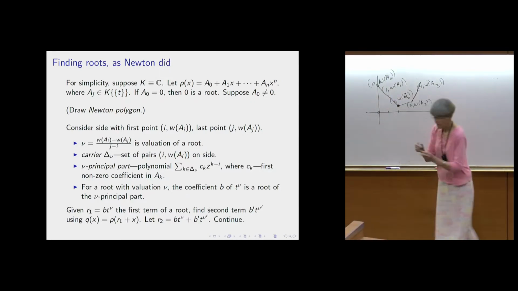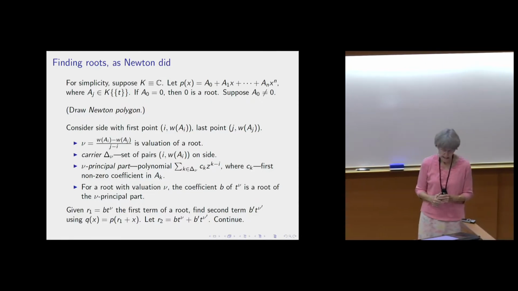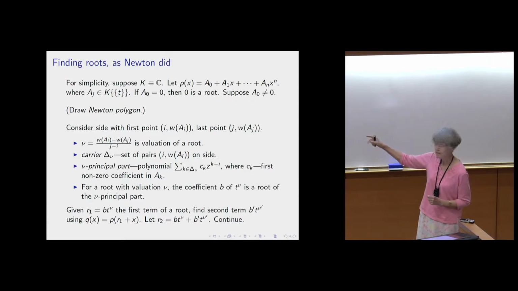So first point and last point, and we'll look at the sort of negative of the slope. We calculate the negative of the slope. So it's let nu be W of A0 minus W of A2 over 2 minus 0. And this would be the valuation of a root.